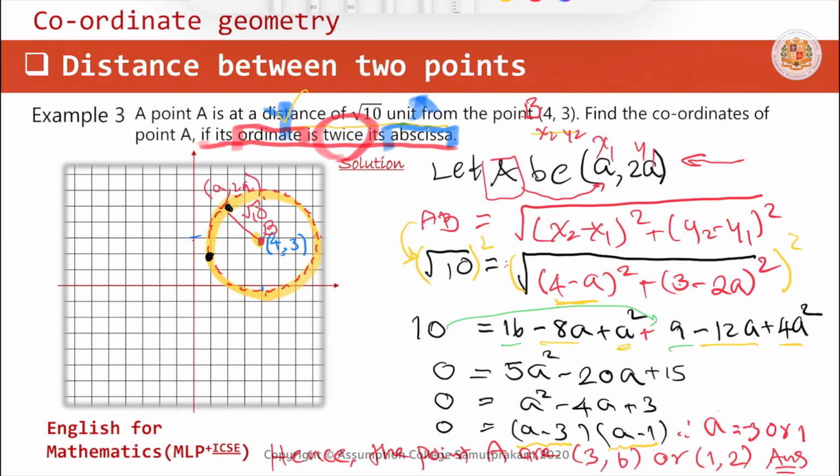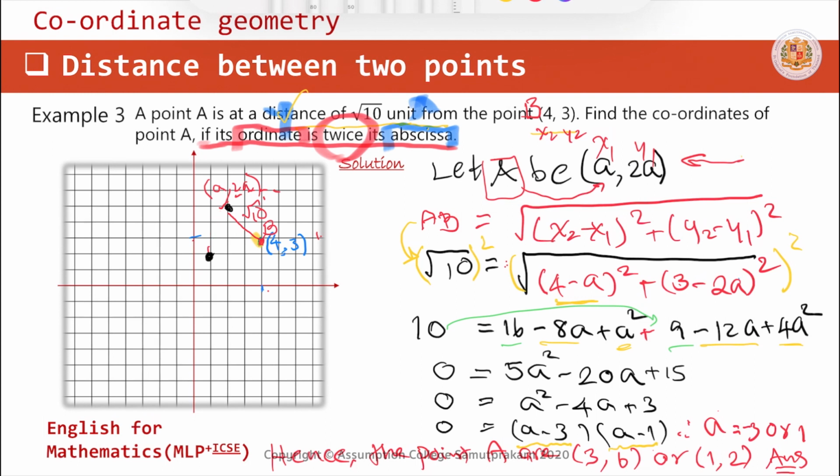Okay, so we don't need the yellow, and also we don't need that red circle here. We don't need it anymore now.